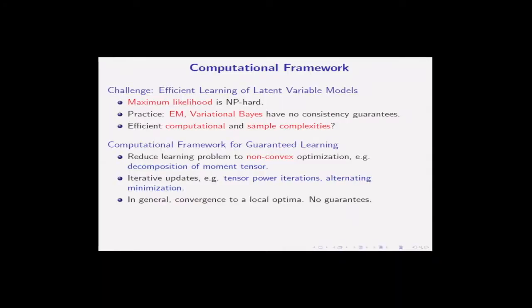In general, I can think of some very simple update rules, like alternating minimization, some iterative updates that lead to a local optimum. But in general, this doesn't have global consistency guarantees. So what I'll present in this talk are strategies to, in fact, even guarantee global optimality. So we will get to the correct model in spite of this non-convex aspect.